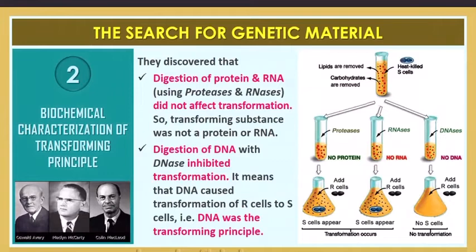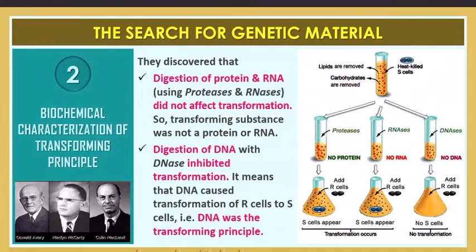But when they used enzyme DNase and dissolved the DNA, they could find that when added R cells, there was no S cells at all, no transformation. So this goes without saying that proteins are not the transforming principle, RNA is not the transforming principle, only DNA is the transforming principle.